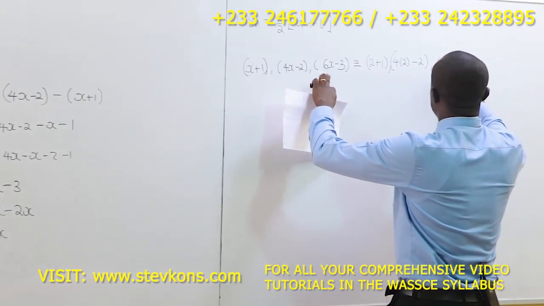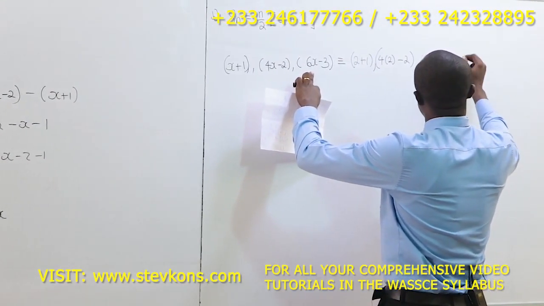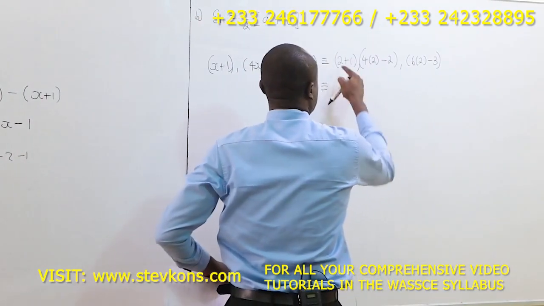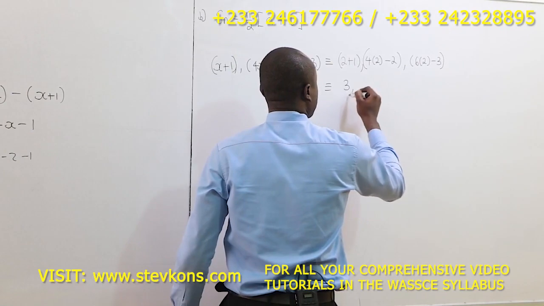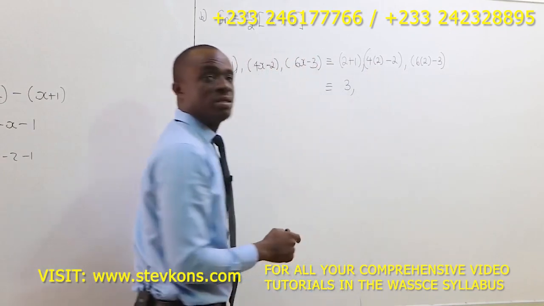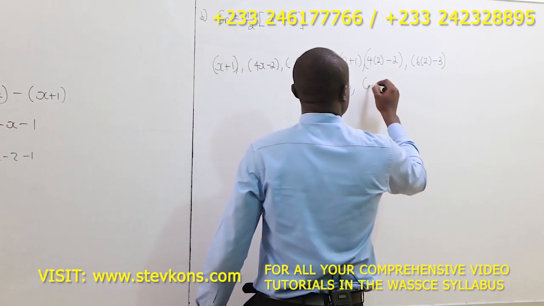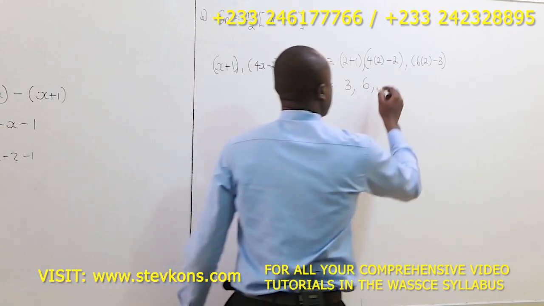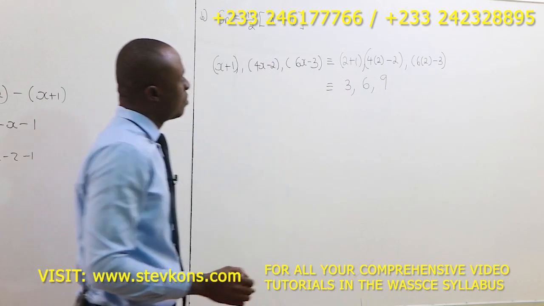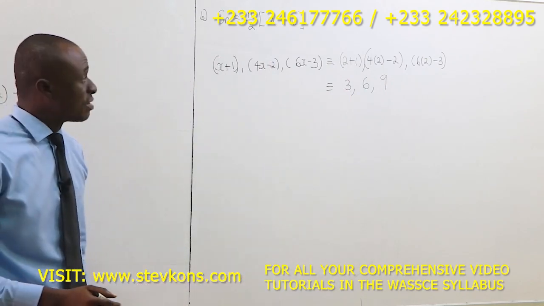And the third term, 6 times 2 minus 3. 2 plus 1 is 3. 4 times 2 is 8, 8 minus 2 is 6. 6 times 2 is 12, 12 minus 3 is 9. So clearly, these are the first 3 terms.